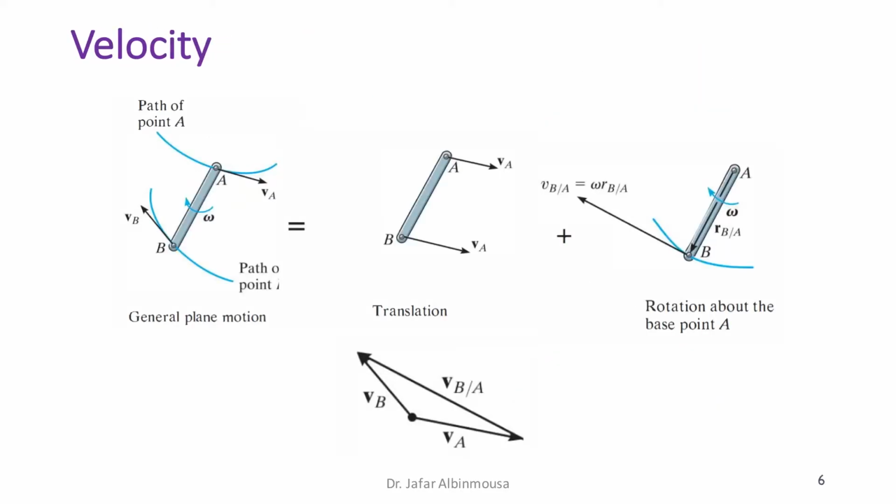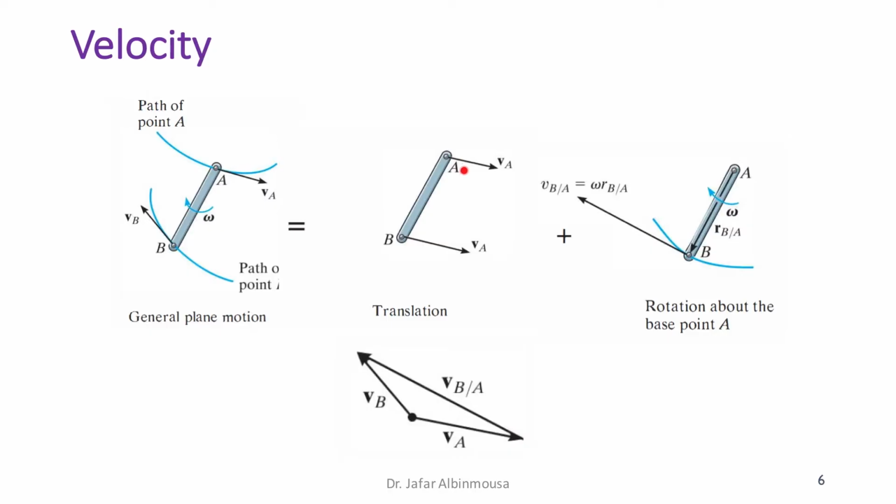Now, if we do the same analysis for a general plane motion, but now we want to study the velocity, we say that the first part is considered to be rigid body translation, and the second part is rotation about point A. We know that when the rigid body translates, every single point on the rigid body will have the same velocity.